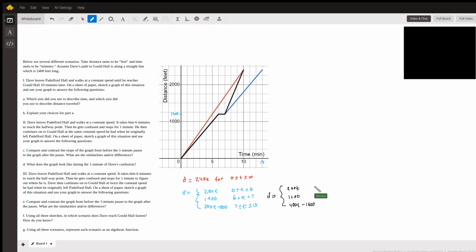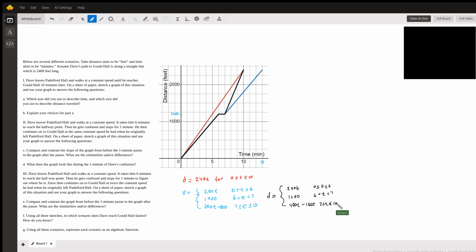And so this is 0 less than or equal to t less than or equal to 6. And then 6 less than t less than 7. And then this last one, 7 less than or equal to t less than or equal to 10.